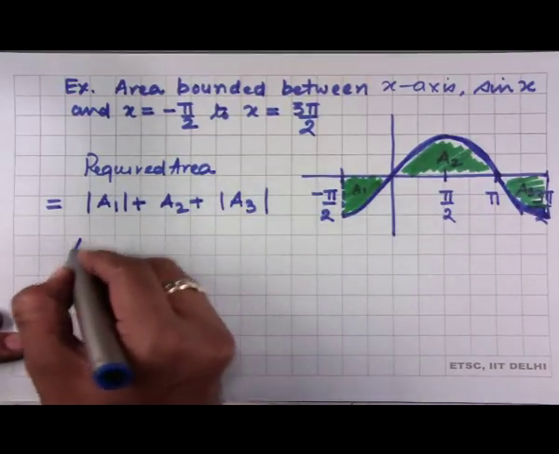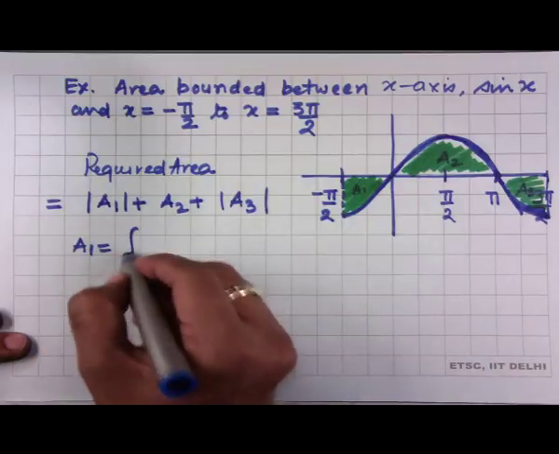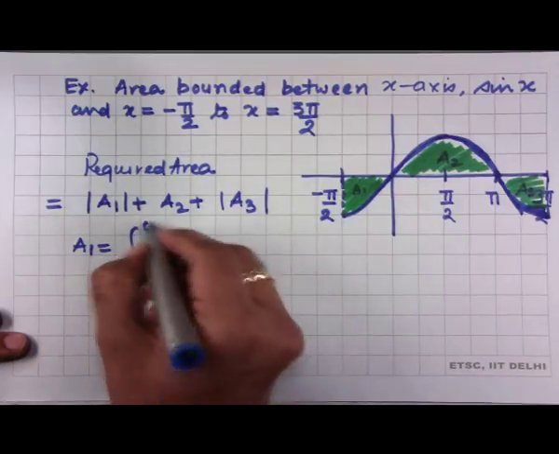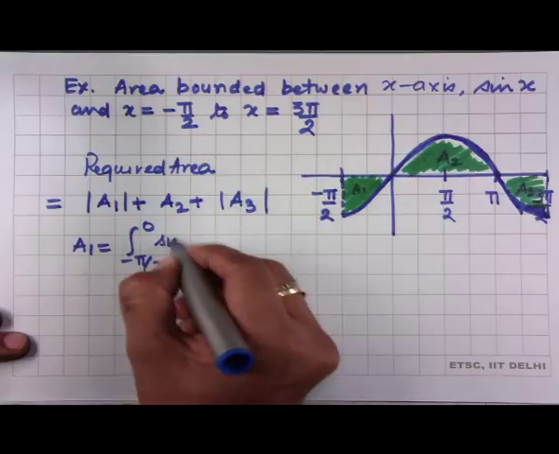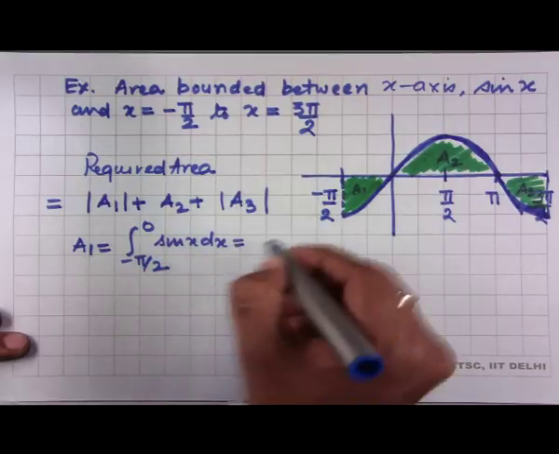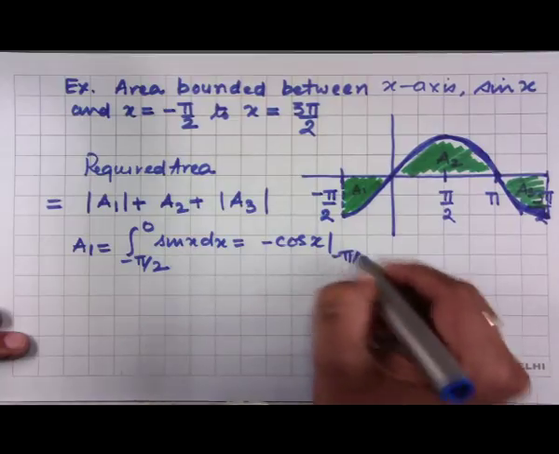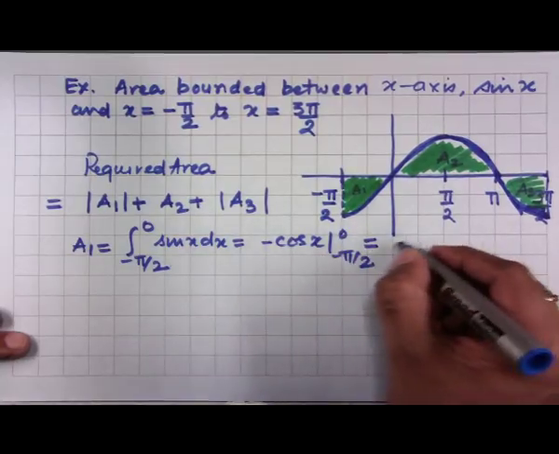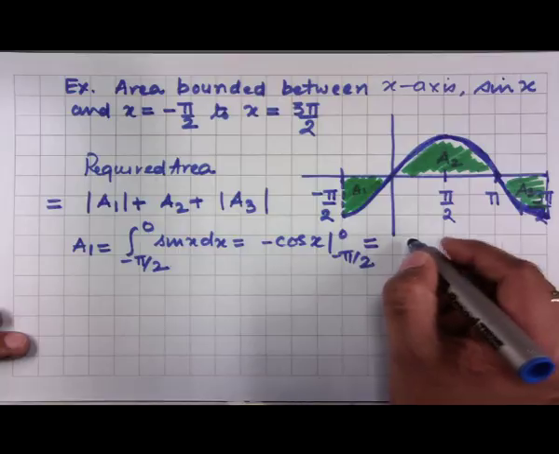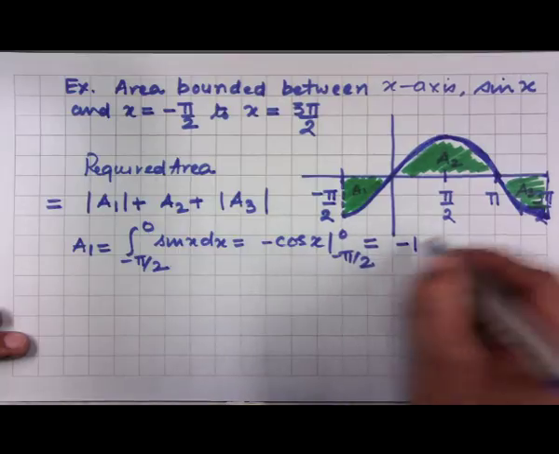So, A1 is minus pi by 2 to 0 sin x dx, integration of sin x is minus cos x, minus pi by 2 to 0, which is minus 1.